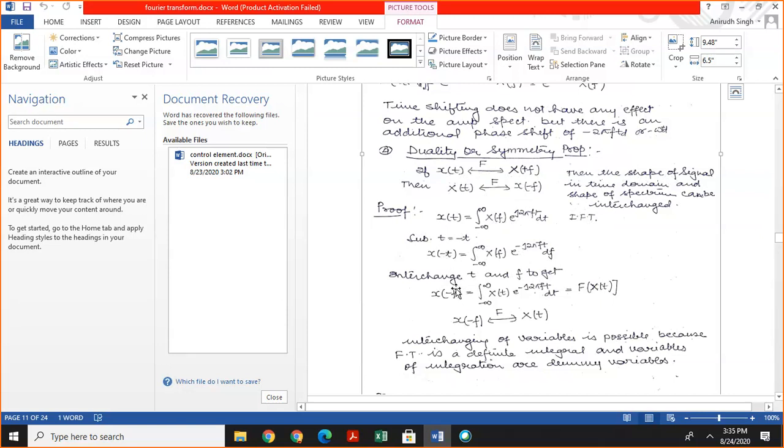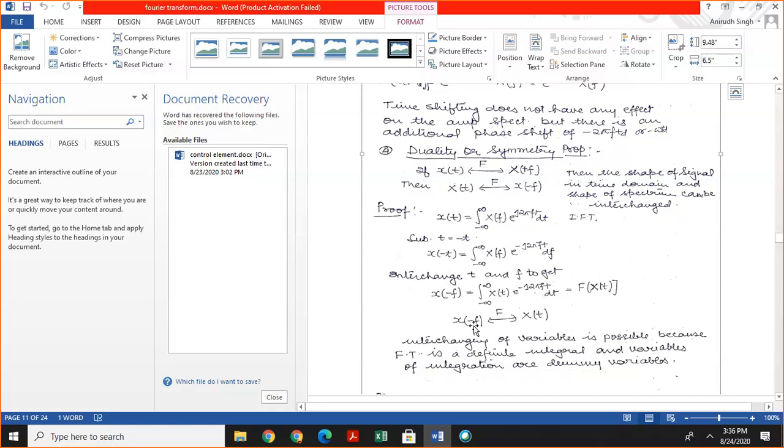Here t is changed by f, and f is changed by t. And this is the expression of the Fourier transform of capital X of t.